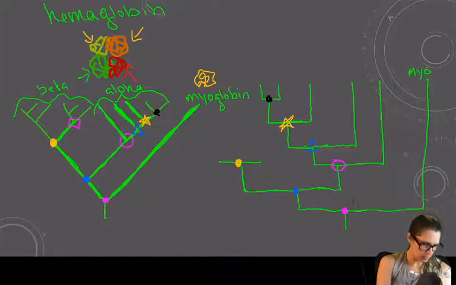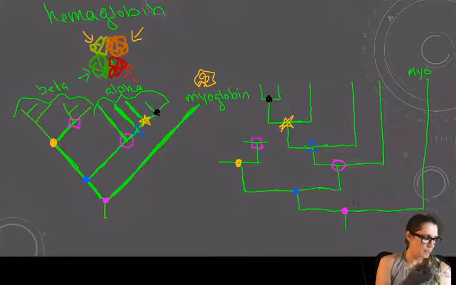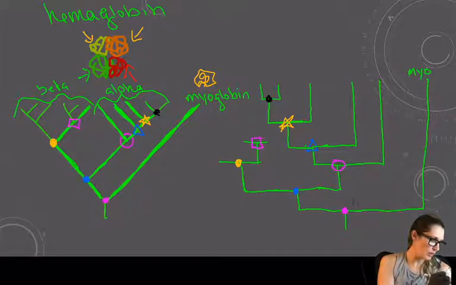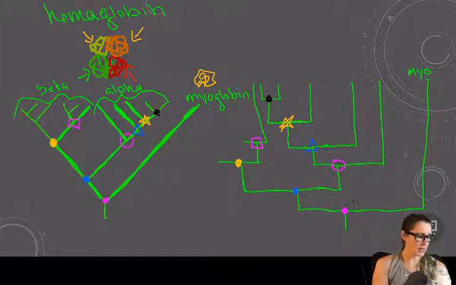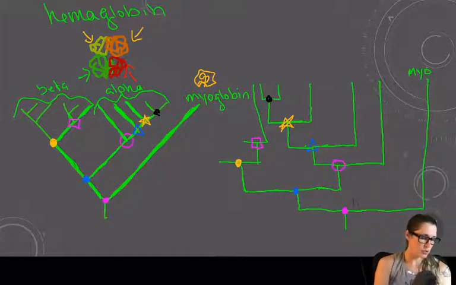I apologize, I'm squishing the tree. Oh, we're going to branch again. Here's the pink square. And then we have one branch that goes all the way to the top and another that comes to another branch point. So trees don't typically wiggle like that, I apologize. This is the one that goes all the way to the top. Then this one comes to another branch point. We branch again.